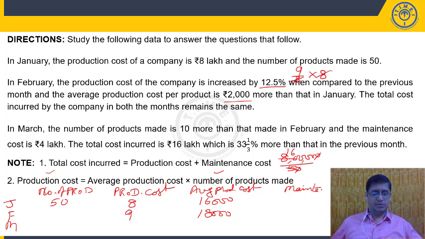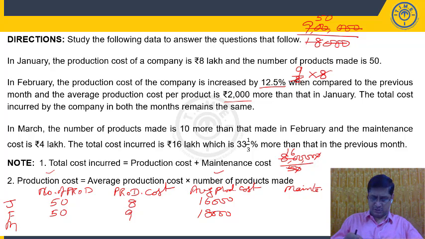So simplify this: production cost is equal to 9 lakhs, and the average production cost is 18,000, means 9 lakhs by 18,000. Zeros we can cancel. 18, it goes how many times? It is 5 times. So 5 times means 50. So in the February month, the number of products produced is 50.